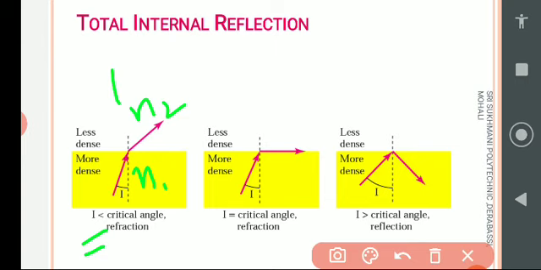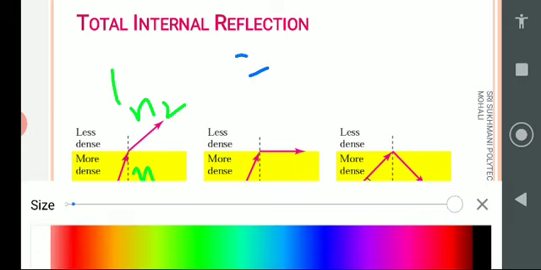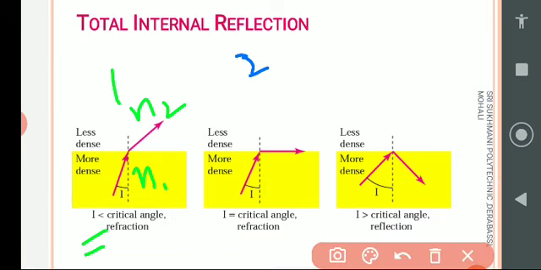Now the second case. If we see that the angle of incidence is the same as the critical angle that we have evaluated, what will happen?